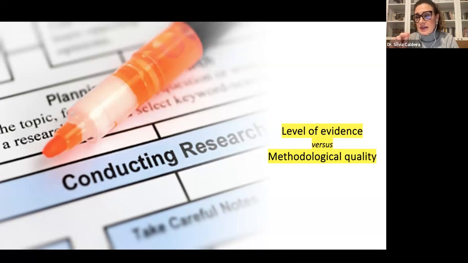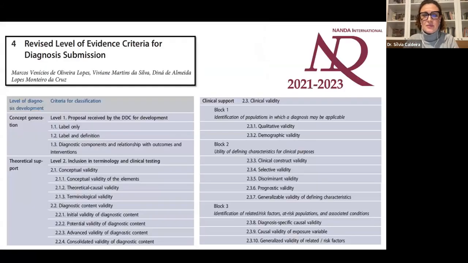Both need to be taken into account, and they are equally important when we discuss nursing research, particularly nursing diagnosis research.